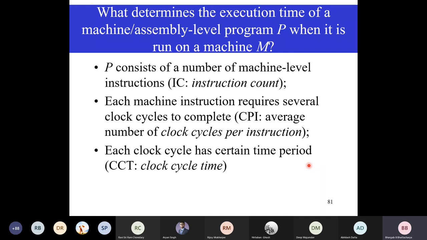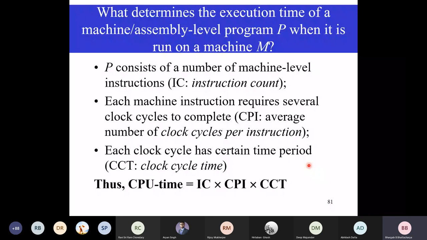Each clock cycle has a certain time period, and this is called clock cycle time, CCT. So you have this fundamental equation, and this course will revolve around this equation only. It's a very simple equation. CPU time is equal to instruction count times the average number of clock cycles per instruction times clock cycle time.